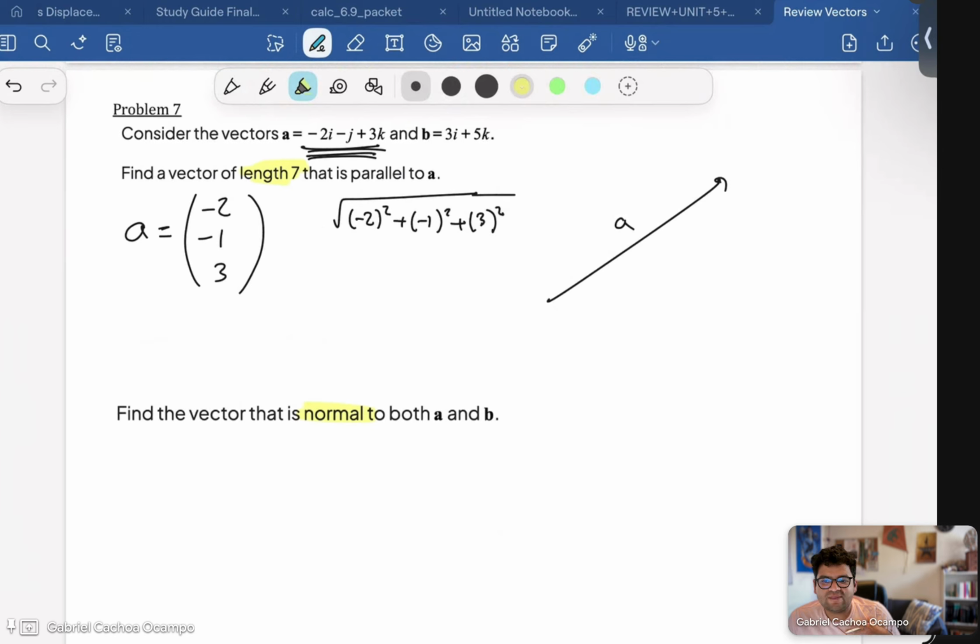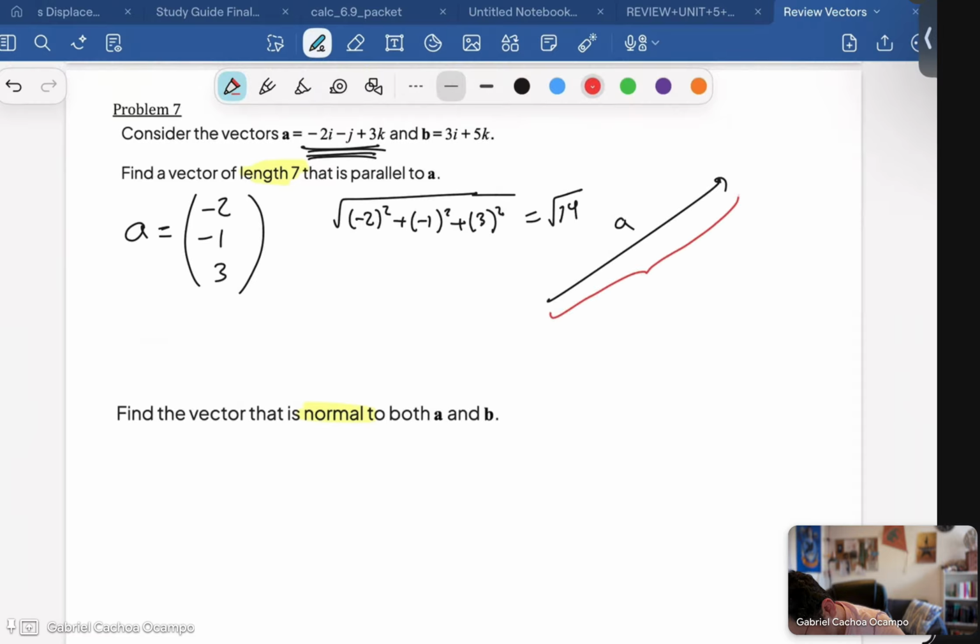So what I am asking right now is, what is the length of A? The length of A is the square root of 14, which is not 7. Vector A has a length of the square root of 14, and that is not what I want.